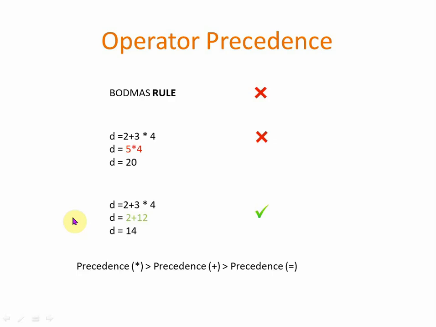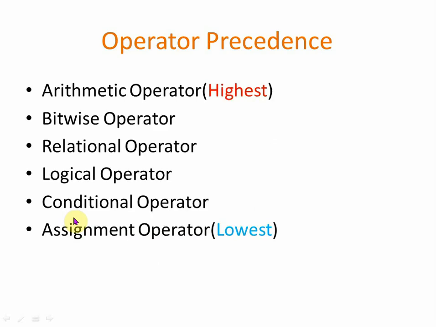Arithmetic operators have the highest precedence. So whenever an equation is written with arithmetic operators, you first evaluate the arithmetic operators, then bitwise, relational, then logical, and finally in the end come assignment operators, which have the lowest priority.